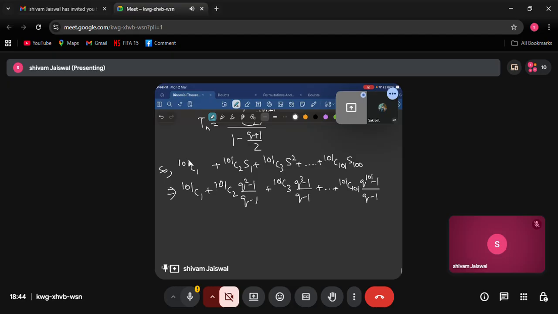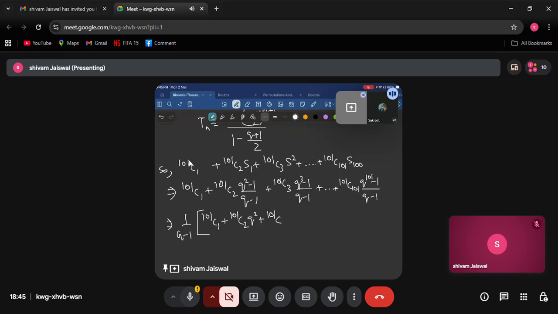Okay. So let us simplify this a little bit. Taking 1 by q minus 1 common, within brackets you are getting 101C1 plus 101C2 into q square plus 101C3 into q cube. Sir, why q square?